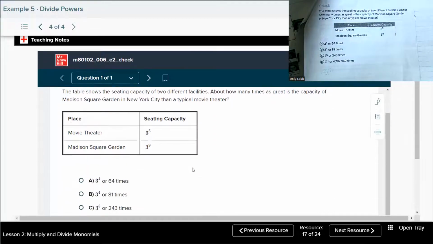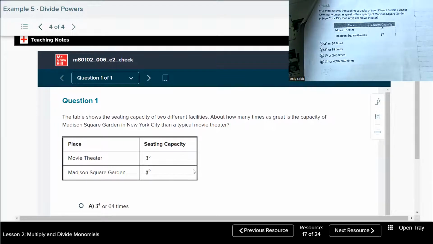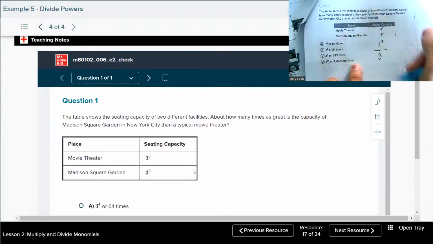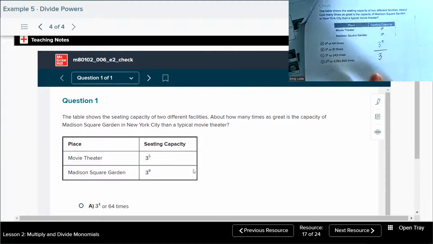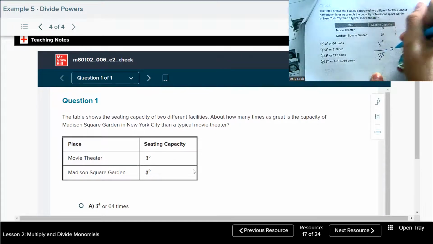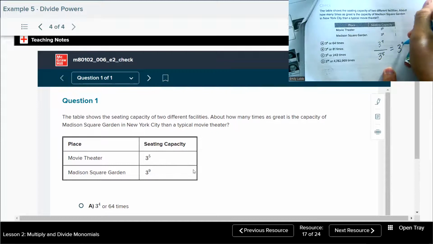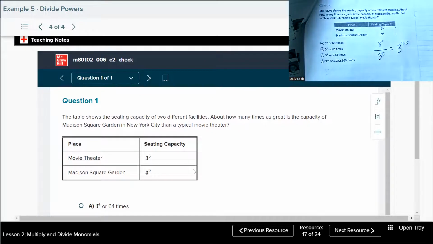So we're saying 3 to the 9th divided by 3 to the 5th. This equals 3 to, remember we take the top exponent minus the bottom exponent. So that equals 3 to what power? The 4.